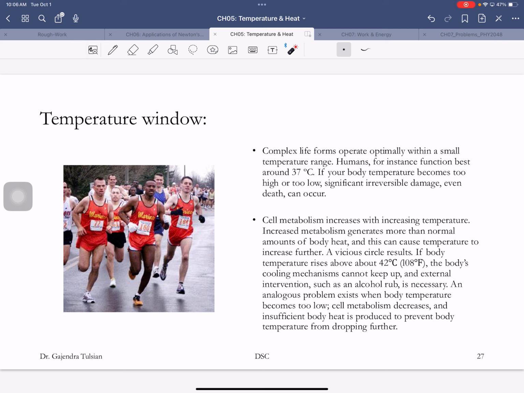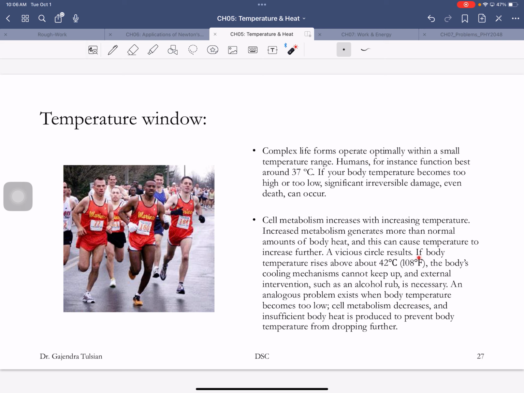We are warm-blooded animals, and we maintain a temperature of 37 degrees Celsius. If your body temperature becomes too high or too low, irreversible damage can occur, and it can even be fatal. So you want to maintain a body temperature of 37 degrees Celsius.